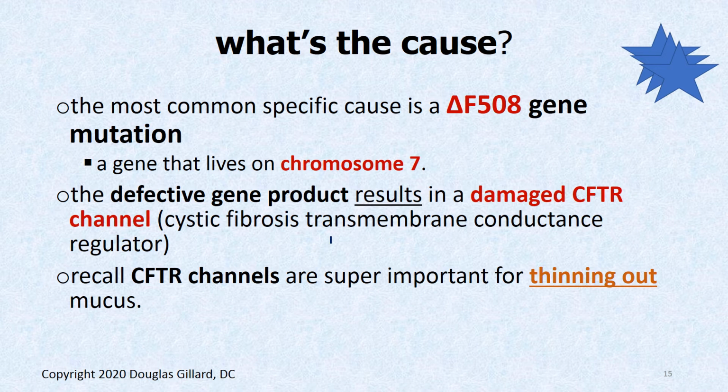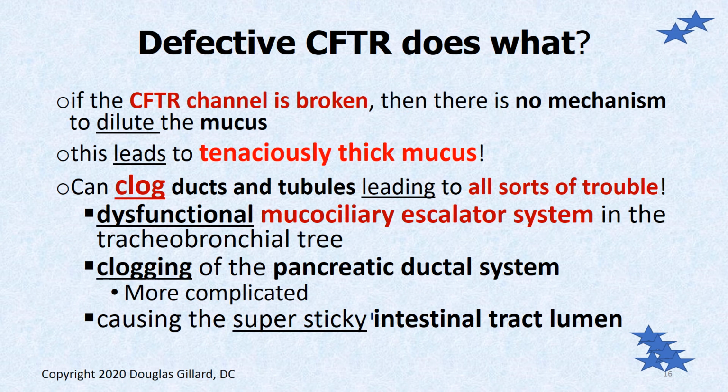But recall, these CFTR channels are really important for allowing water to get into the lumen of mucus glands and thin out that mucus that they're producing. All right? If it's broken, then there's no mechanism to dilute the mucus, and that's going to lead to a mucin-heavy mucus, which can clog up the gland.